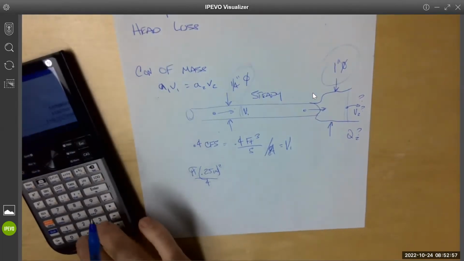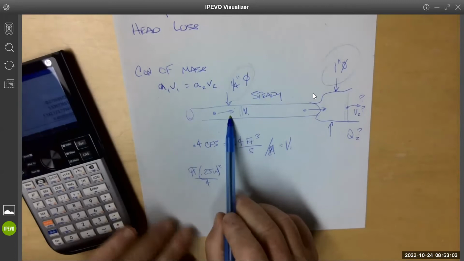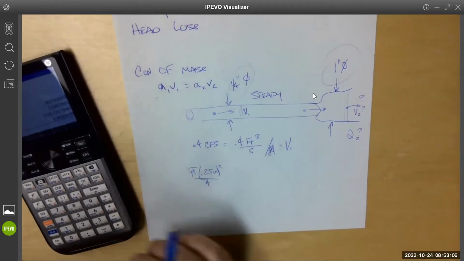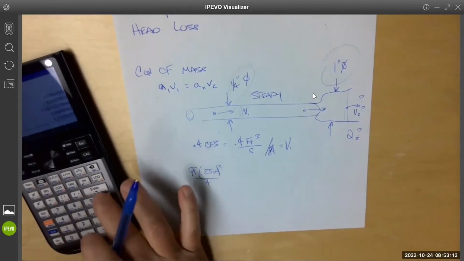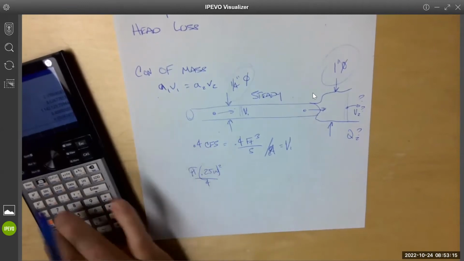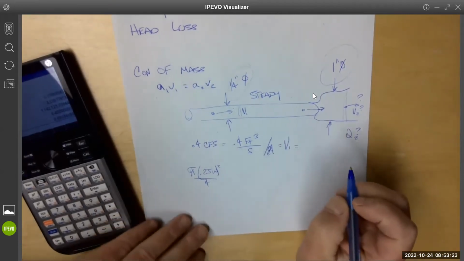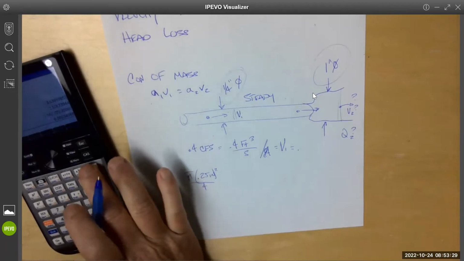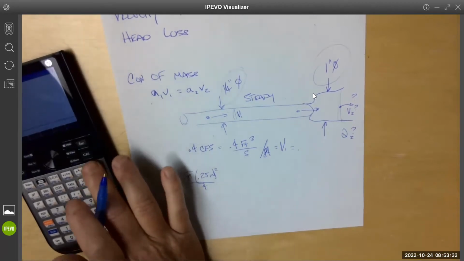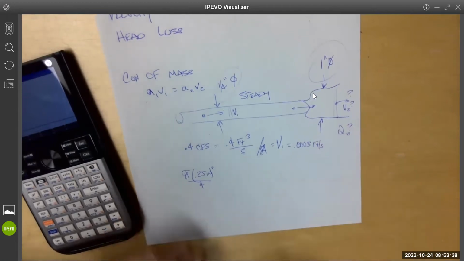So take the 0.4, divide by the area of 1 in feet squared. So I get a velocity of 0.003. Should do it again. Yep. And that's feet per second.